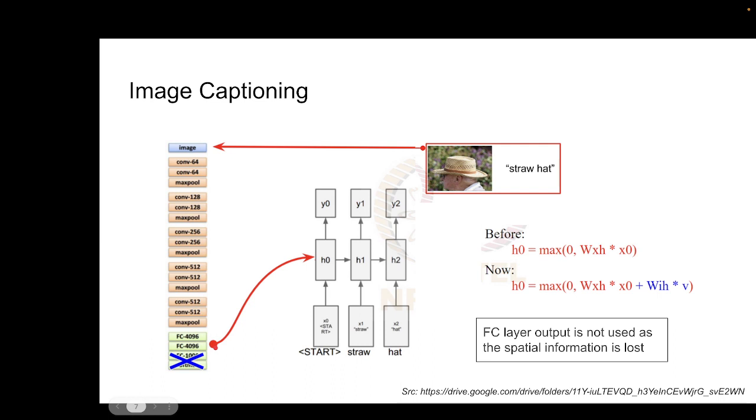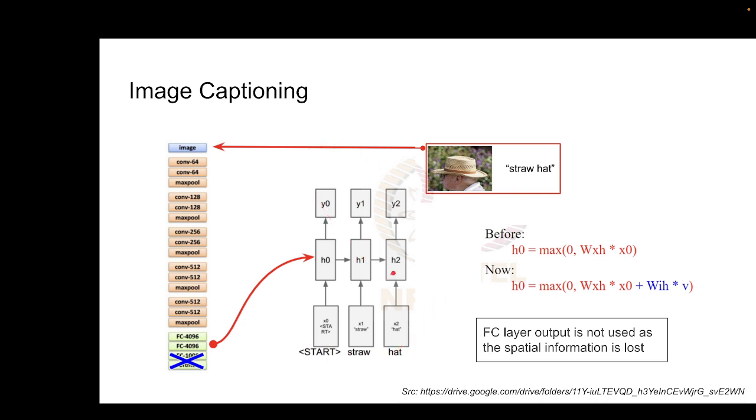Like I said, this is a traditional image captioning system. You have a piece of image which you process through a CNN, and a piece of text which you process through an RNN. That's the simple idea, right. Normally, if this image was not here, we would have trained an RNN like this, where there would be a start token, then straw, then hat.